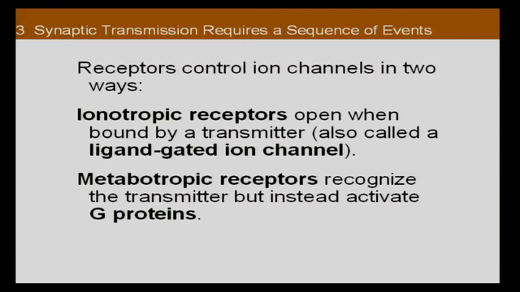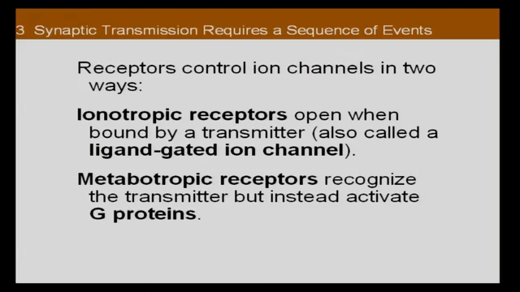That's the definition of that type of receptor. It's fast. There are large numbers of them in the brain, but it's not the only major type of receptor. The second type that we haven't talked about so far, but will come up in the future, is called a metabotropic receptor.